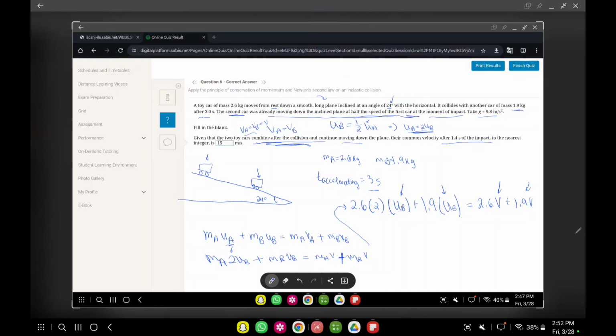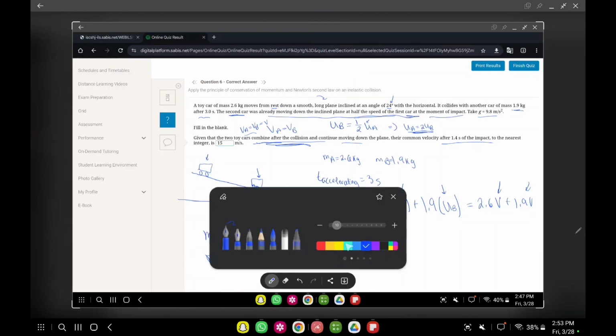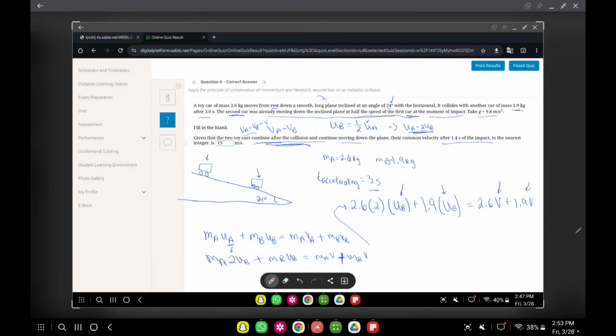Okay, let's see. For the first car, it's on an inclined plane. What are the forces acting on the first car? And I want to find the acceleration. Let's draw its free body diagram. You have it going like this, right? So let's draw the FBD.